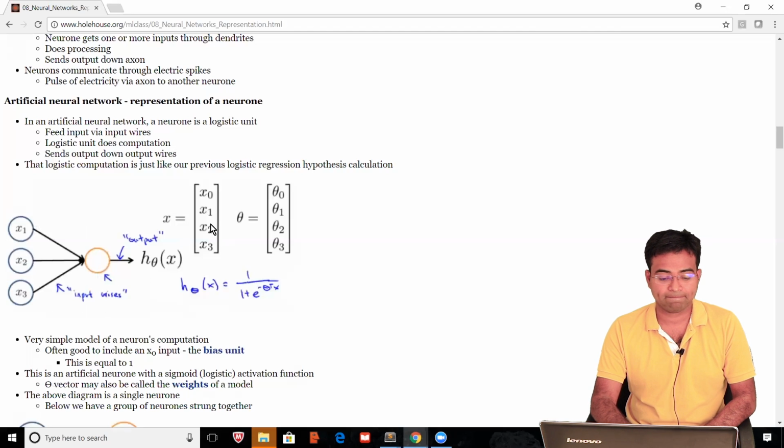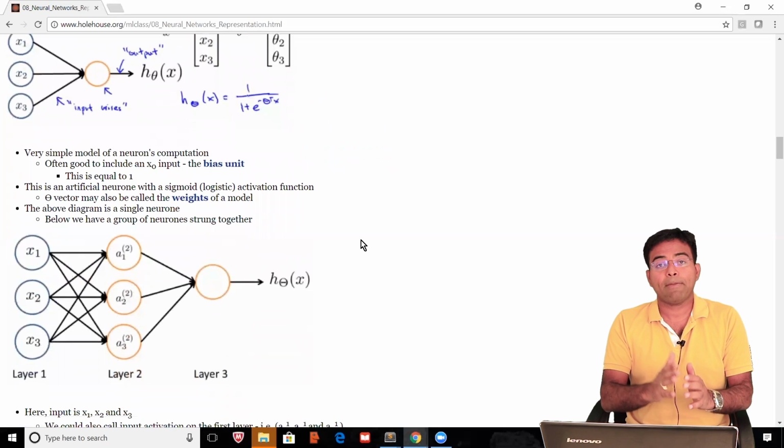So how to implement this? We compute x0 into theta 0 plus x1 into theta 1 plus x2 into theta 2 plus x3 into theta 3, and the resultant will be the output, coming out of the axon, compared to the biological neuron.